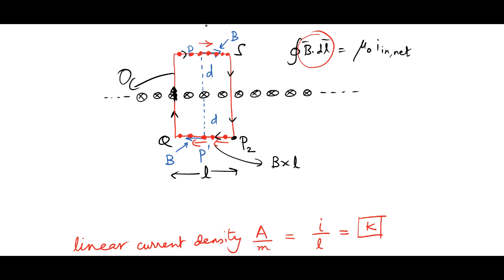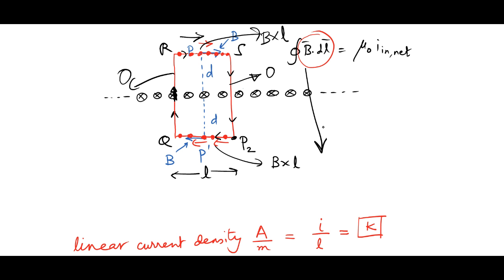Now from this particular side, RS, the contribution is going to be, by a similar logic, B multiplied by L. Remember, we are traveling rightwards and the field is also rightwards, so B into L, and just as before, the contribution of SP2 is going to be 0.